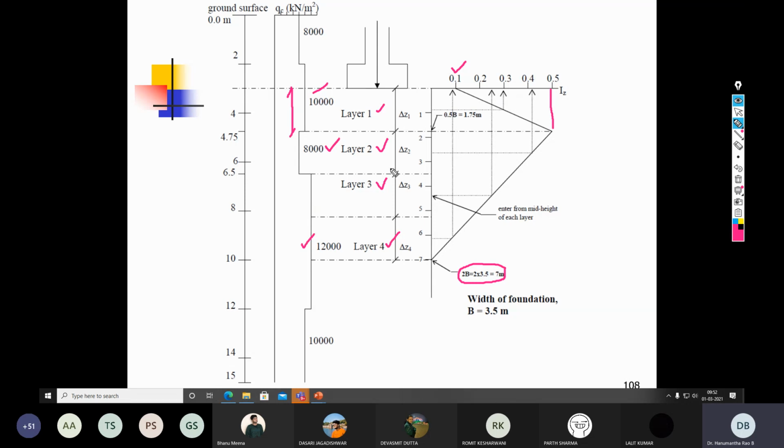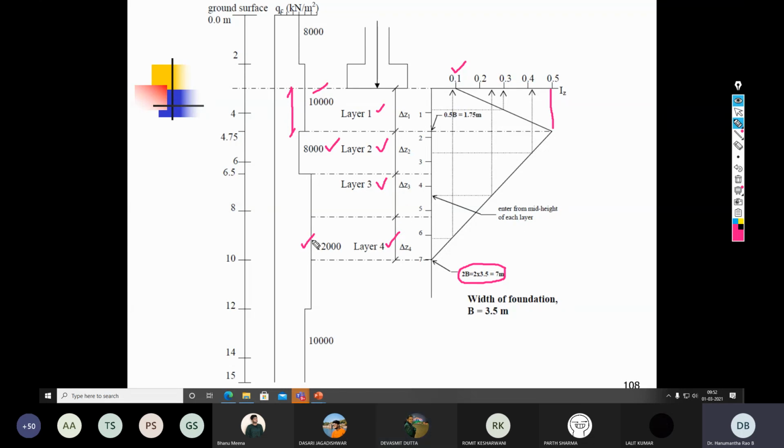If you wish, you can also subdivide layer 1 into layer 1 and layer 2, layer 2 into layer 3 and layer 4, layer 3 into 5 and 6, and layer 4 into 7 and 8. You can divide the same thing into 8 layers or 4 layers. So why are layer 3 and layer 4 divided?